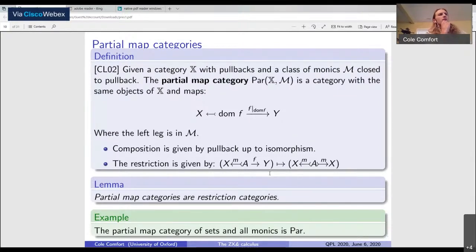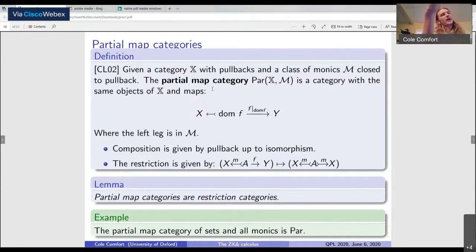Yeah, so a lot of restriction categories arise in a particular way. Namely, if you have a category with pullbacks and a class of monics M closed under pullbacks, then you can form the partial map category with respect to this class of monics. So the idea is the maps are spans, and the left leg of the map is a monic. You can think of it as an inclusion. So I've suggestively drawn it in this way.